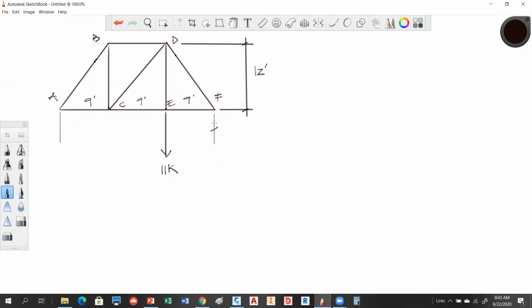So we're going to call this a reaction. I'm going to model this up. I'm going to model this like this. And I have another, because that's a pin over on this side, I'm going to put that pin over here.